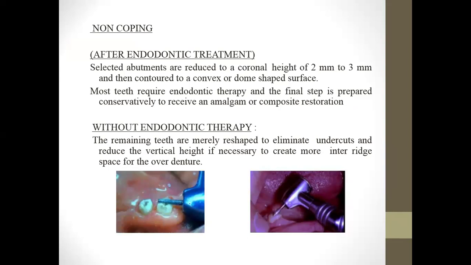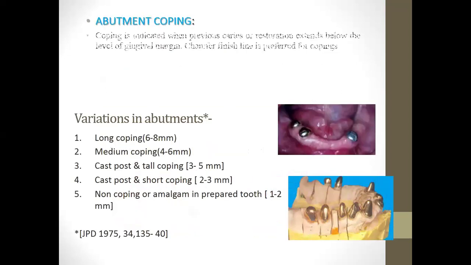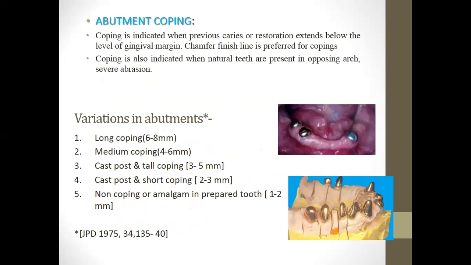You can do either an endodontic treatment, or in certain patients where you feel there is a good amount of reparative dentin and the patient doesn't feel a lot of sensitivity, then without endo also you can just make it into a conical structure and use it as an overdenture abutment. But commonly we go for copings, which, as you see here, are a thin metallic structure cemented on top of the overdenture abutments.